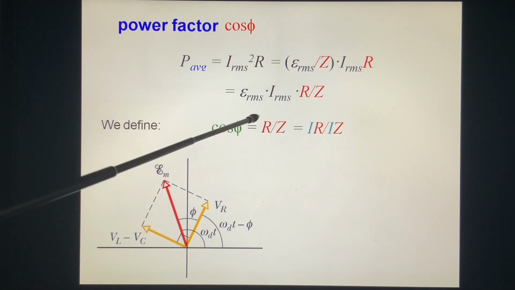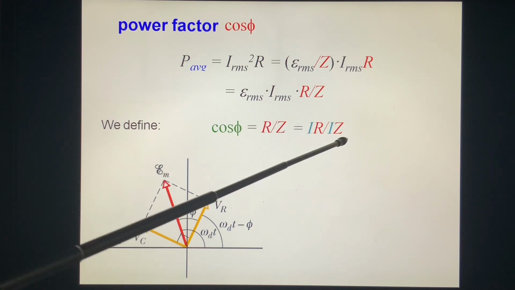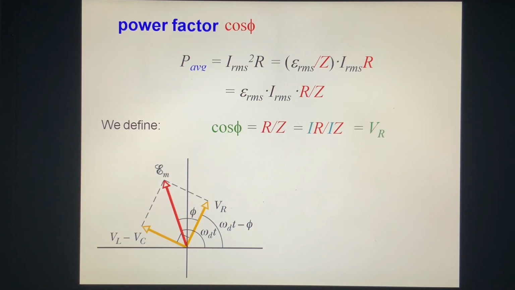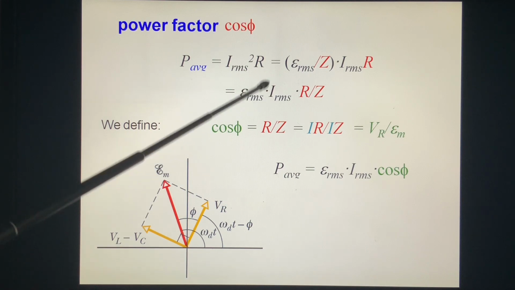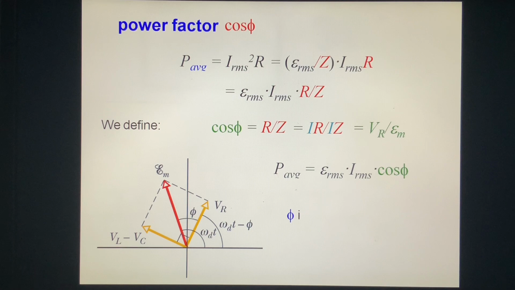We multiply by I on both sides: this is VR, and this is epsilon. So this over this is cosine phi. We rewrite this as P average equals epsilon root mean square times I root mean square times cosine phi. The phi actually is the angle between the E and I. This is special in alternating current.